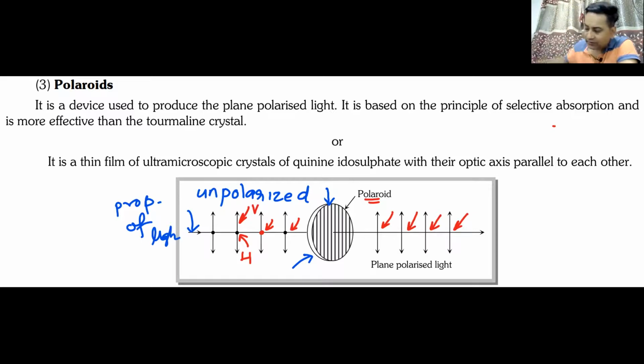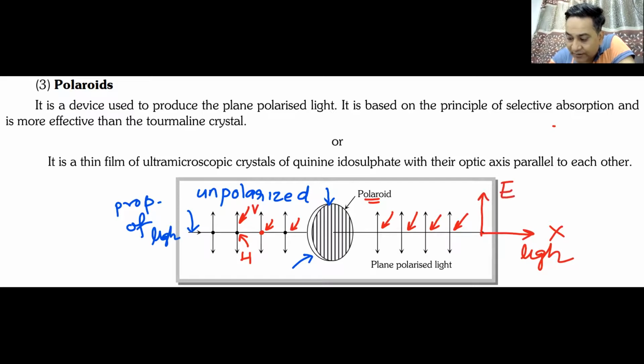It's no longer there. And this light only has propagation along the x-axis, which is the direction of light, and it only has electric field along the y-axis. This light becomes my plane polarized light, and this device becomes your Polaroid.